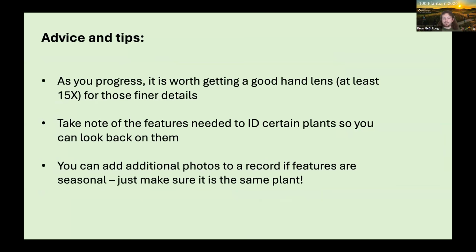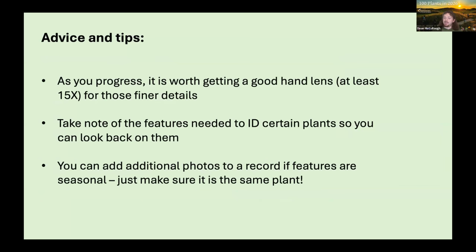Some general advice and tips. As you progress, it is worth getting a good hand lens. As a beginner, you might not feel like you need to get one. But if you're serious about botany, and as you should be, you might want to get a hand lens. They start at times 10 magnification.